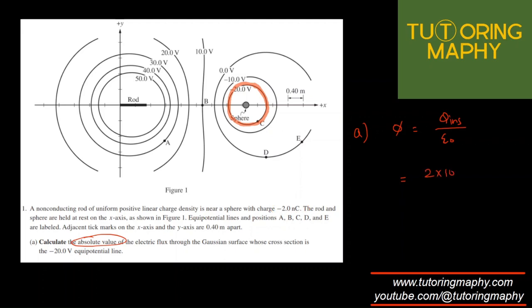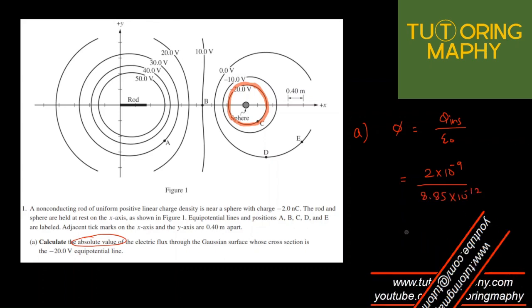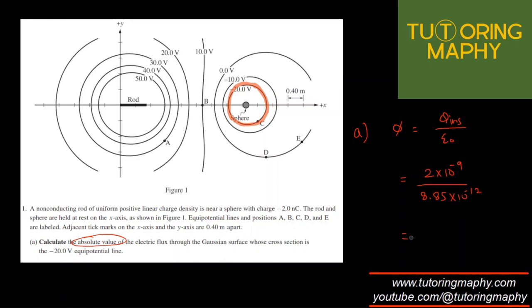So that's going to be 2 times 10 raised to -9, and epsilon naught is 8.85 times 10 raised to -12. So let me grab my calculator here. I'm getting 225.989.